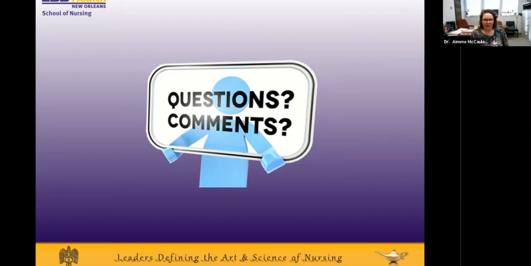And translating the simulation that we just saw into a high fidelity sim environment, where faculty is the facilitator pretending to be the doctor or the other healthcare provider, and someone is running the simulator. Maybe you wouldn't interrupt that, but that would be an opportunity to use cues to help redirect the student in the right direction.